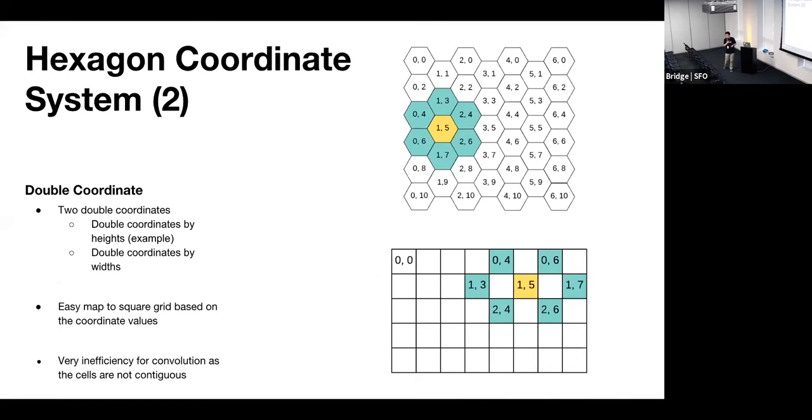But after we do the direct mapping, we found that the neighbors in the Hexagon data may not be direct neighbors in a square grid. Recall that when we run convolution, we normally need a solid area, right? If we have lots of gaps, it's not efficient, and we also need to do lots of filtering to remove the values that we do not need. So we are also not using this one.